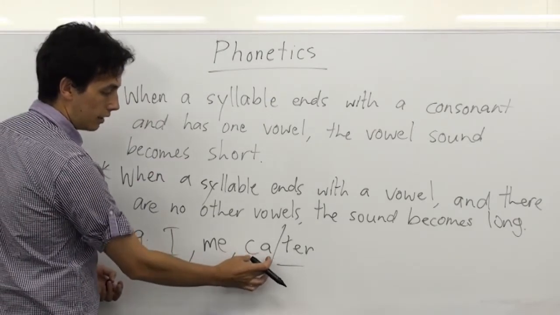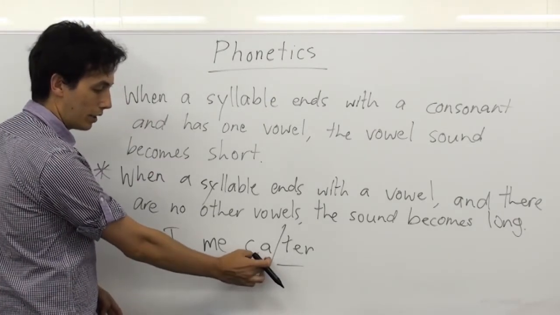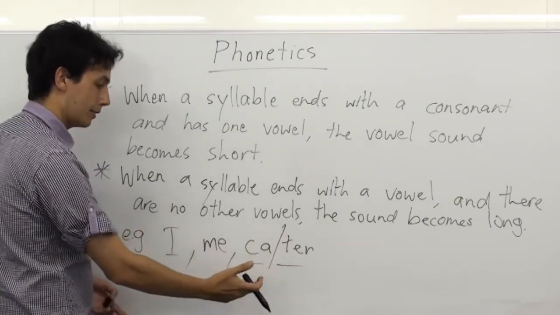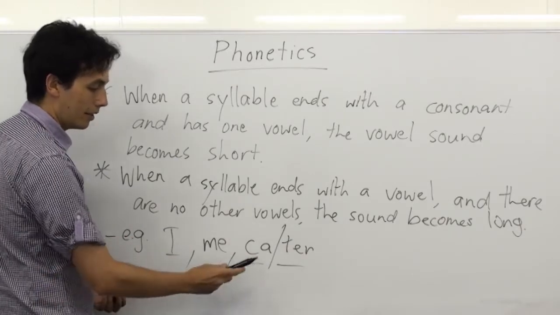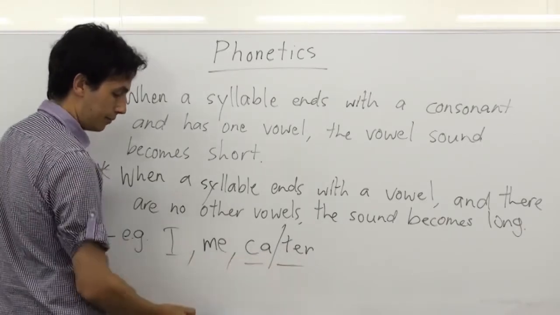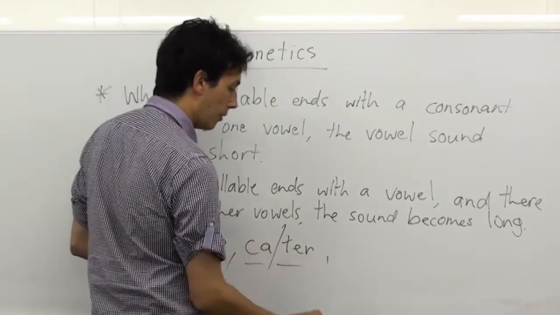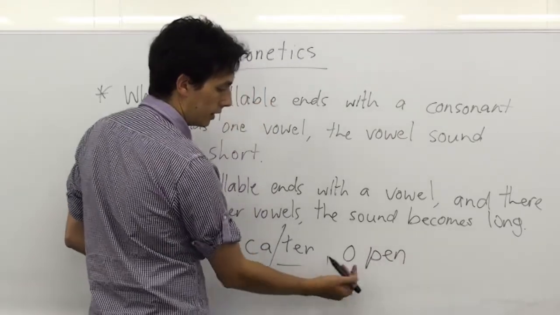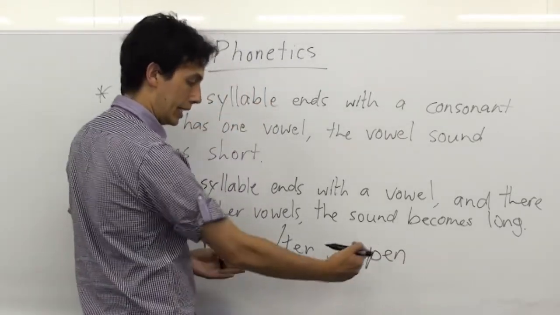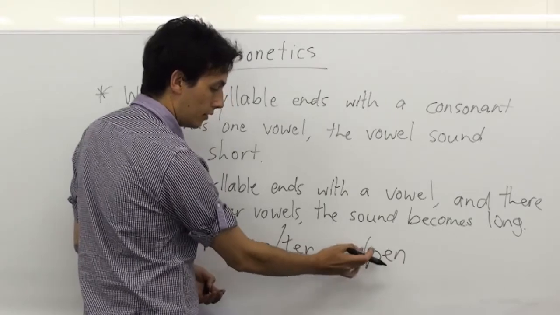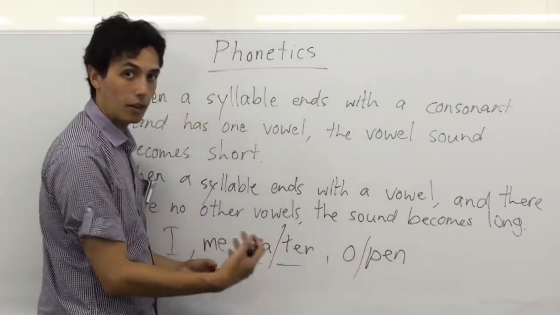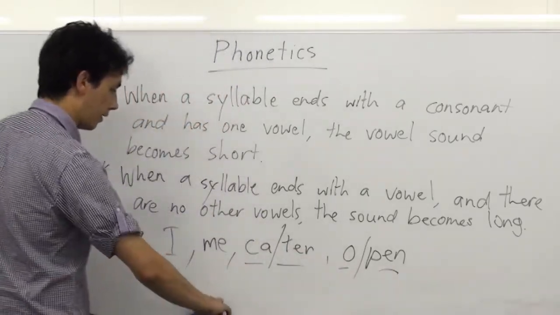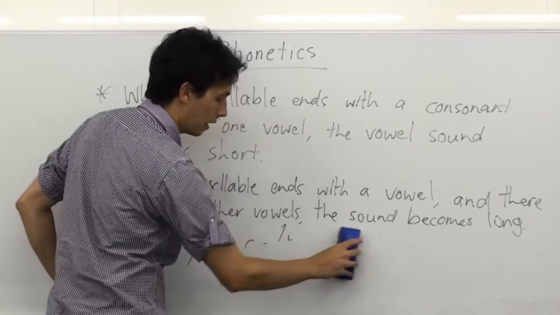See, this syllable ends with a vowel, and also there's what's called a magic E here. So that's maybe not the best example, but cater. And one more, open. See this syllable, O, pen, there's no consonant here, so this becomes O. It's the long sound. Open. Okay, so those are examples for the last rule.